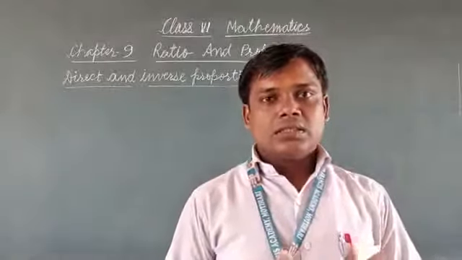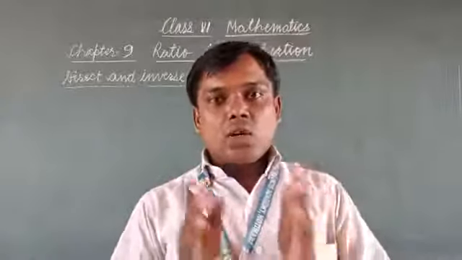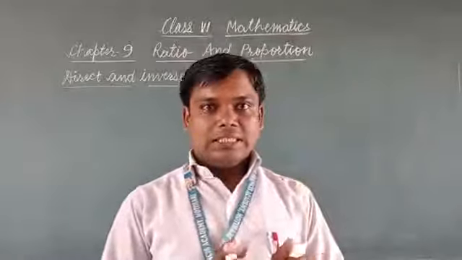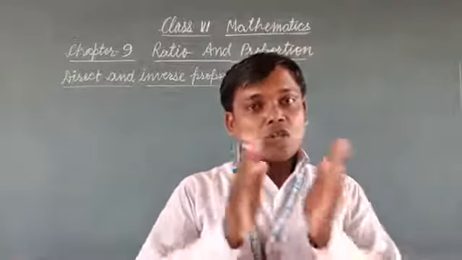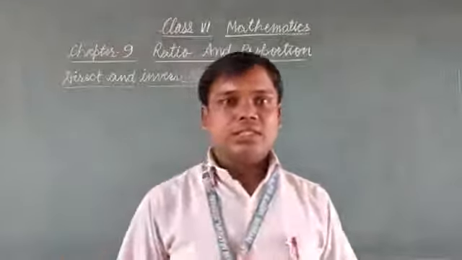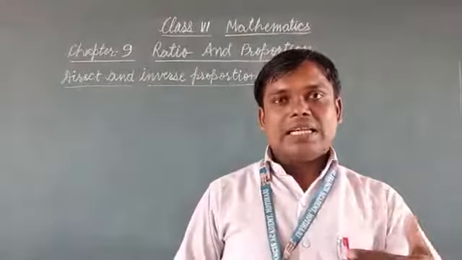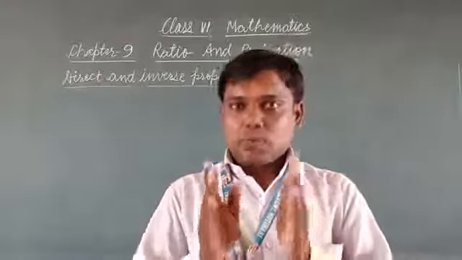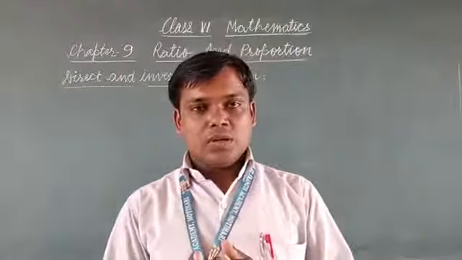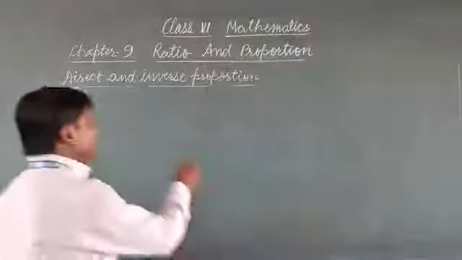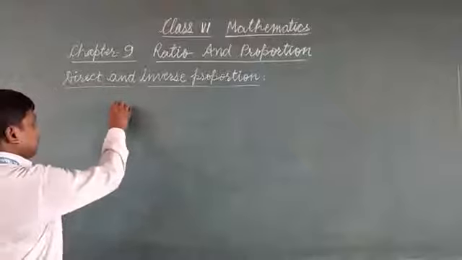When an increase or decrease in one quantity results in a corresponding increase or decrease in another quantity, then we say it is in direct proportion. For example, suppose we are having 5 pens.